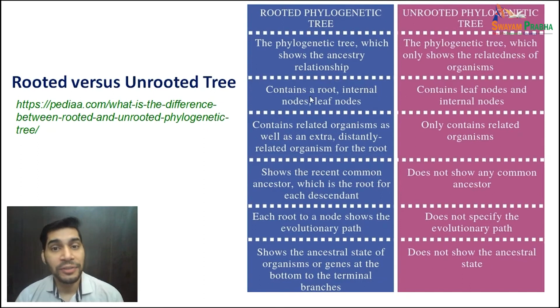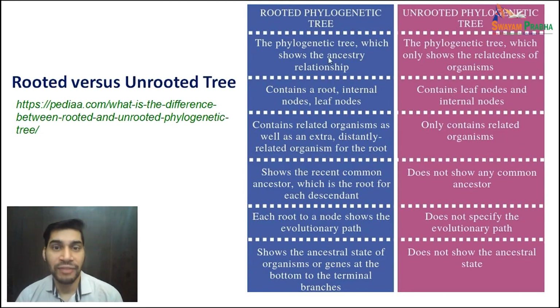Rooted trees do contain a root, internal nodes and leaf nodes, whereas an unrooted tree contains leaf nodes and internal nodes only. There is no root present in this. The rooted tree contains related organisms as well as an extra distantly related organism for the root, whereas the unrooted trees contain only the related organisms.